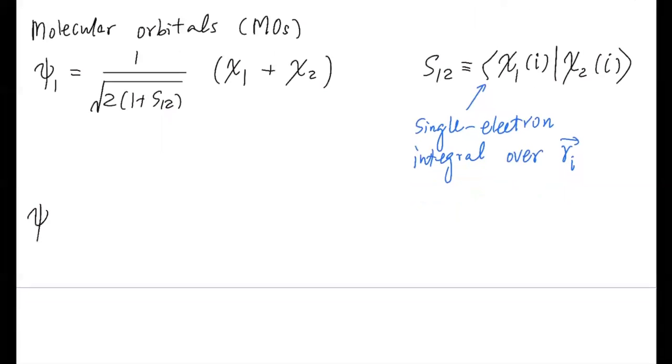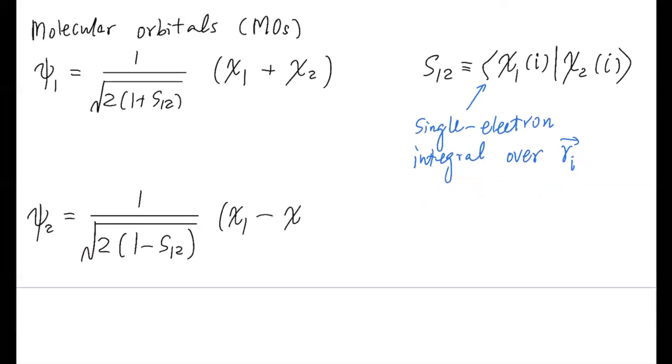The second molecular orbital again has a coefficient in front of the linear combination. This is 1 over the square root of 2 times (1 minus S12), times chi1 minus chi2.